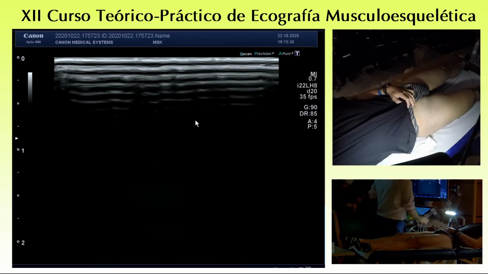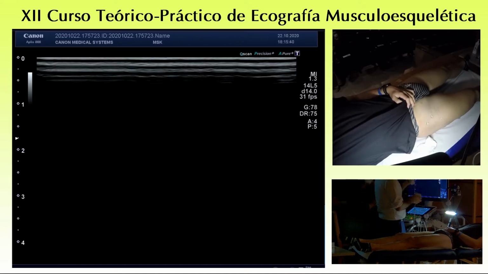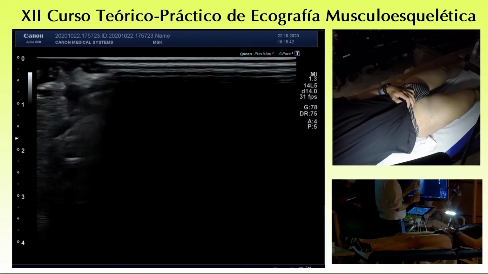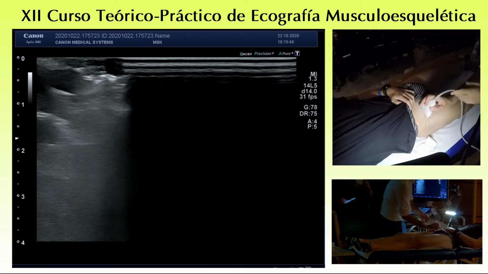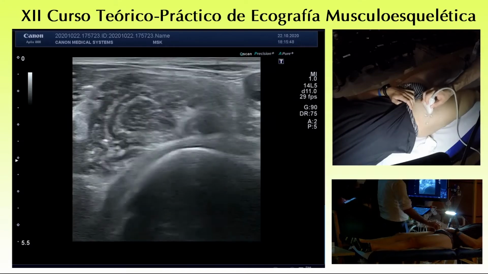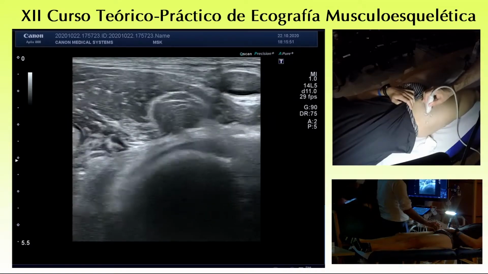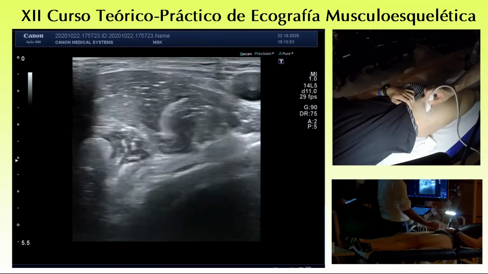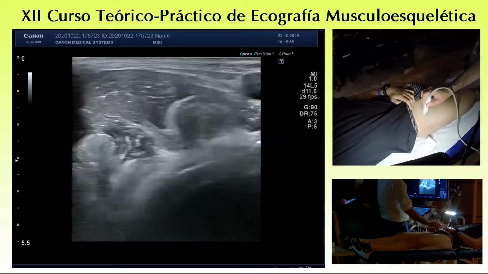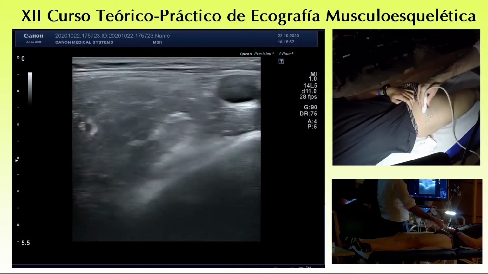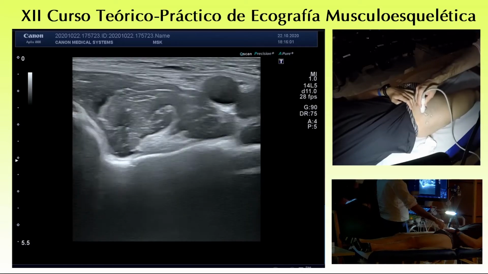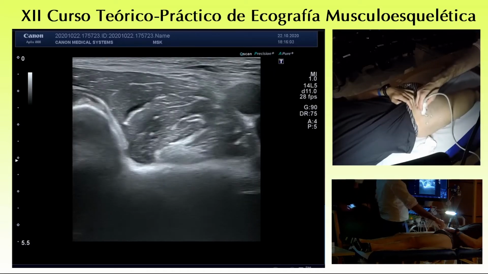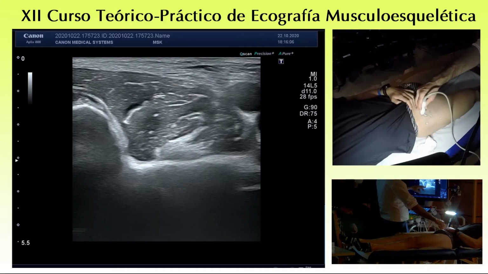Then we go back to the lower frequency probe, with which we study the next structure, that is the iliopsoas muscle. Okay, so in transverse plane, the place where I suggest you start is this image, at the level of the pubic ramus.